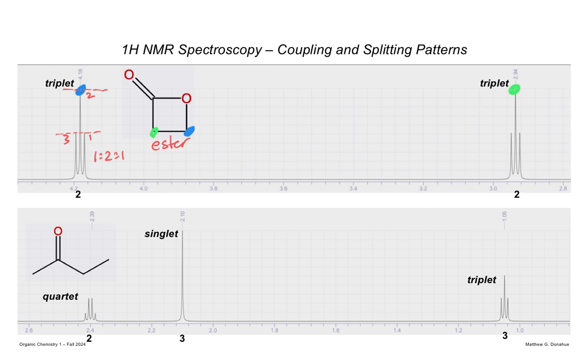And the same analysis for our ketone. We can say that the CH3 group here is going to be the singlet because there are no neighboring hydrogens.